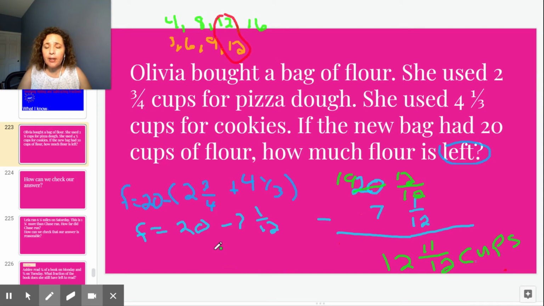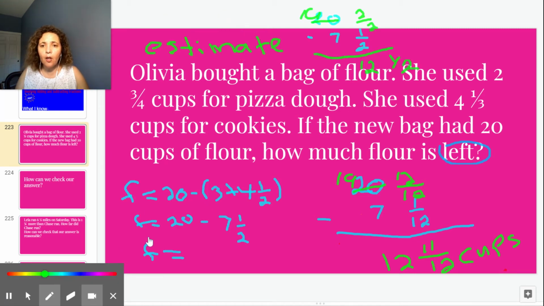All right, so on the next one, we're going to have to estimate. Let's estimate to see if our answer is correct. Okay, so for my estimate, my 20 stays the same. And then my 2 3/4, well, 3/4 is almost 1, so the 2 becomes a 3.